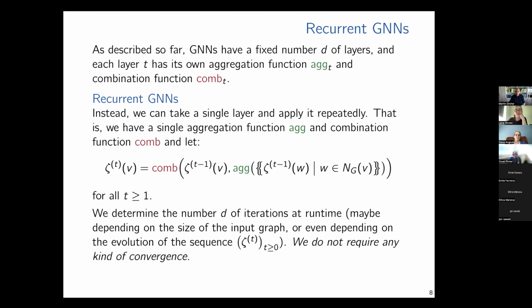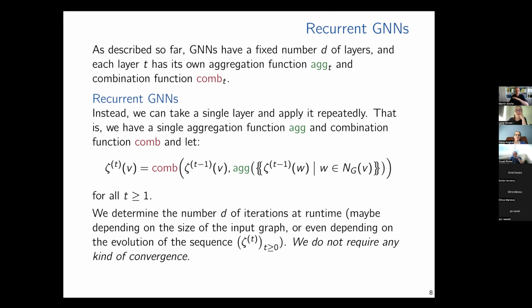But we do not require any kind of convergence. We can just say at runtime we stop after n steps, where n is the number of vertices of the input graph, whatever we want. I won't talk about these recurrent GNNs very much in this talk, but I think it's a very interesting model, and one where I really don't understand the complexity and the connections to logic.